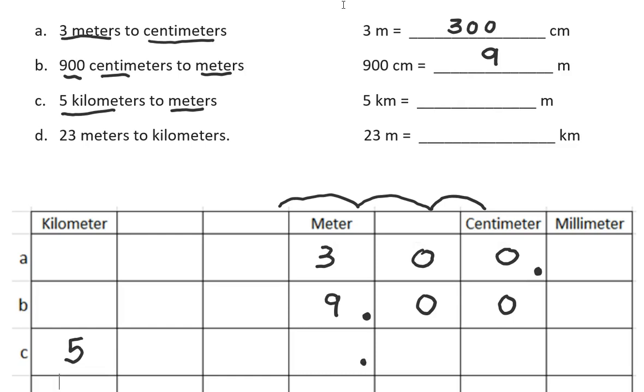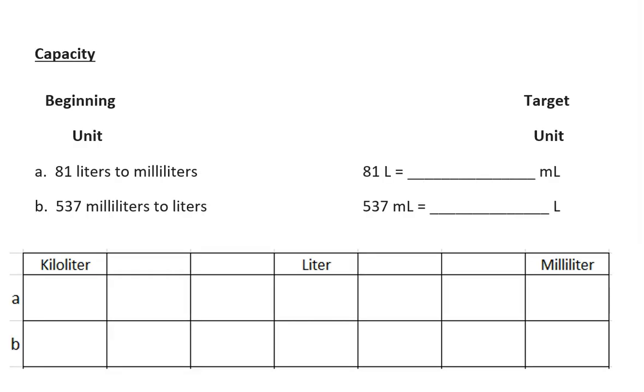So I'll put my decimal point in my meters, and then I would just fill in the rest with zeros. And that tells me that 5 kilometers is the same thing as 5,000 meters.